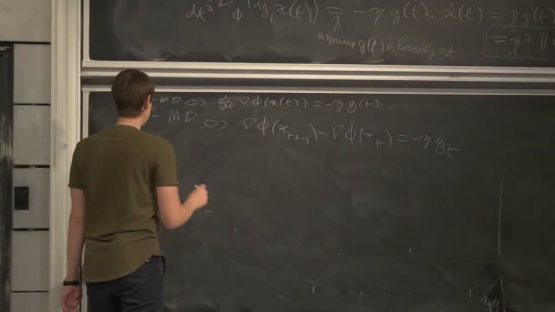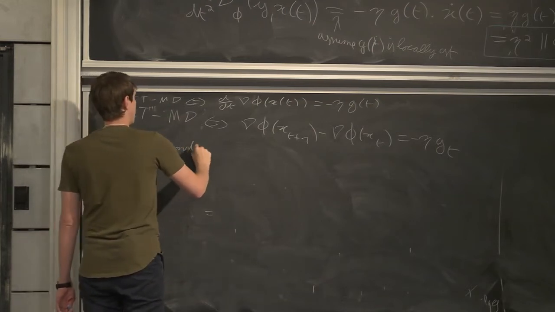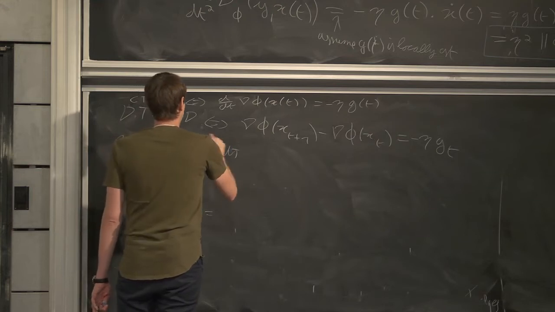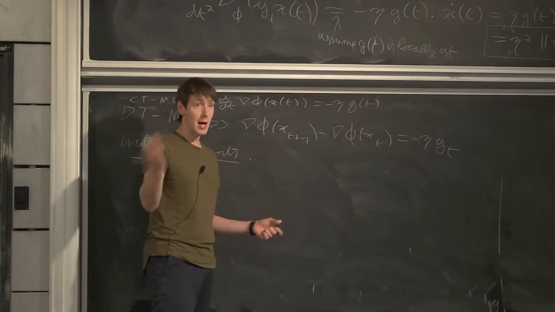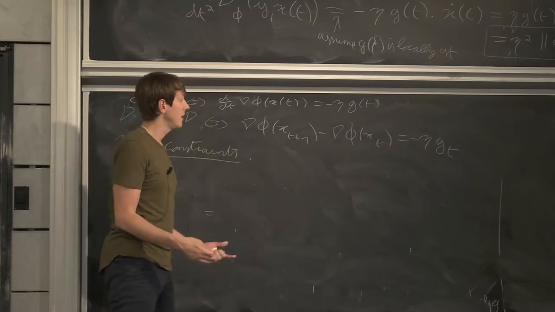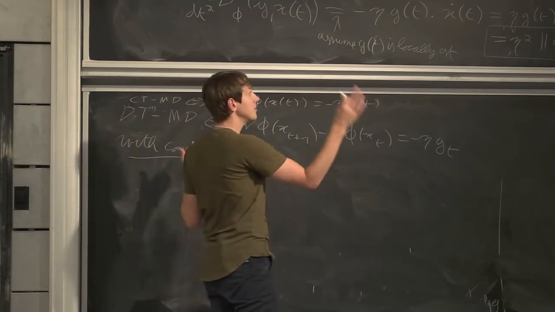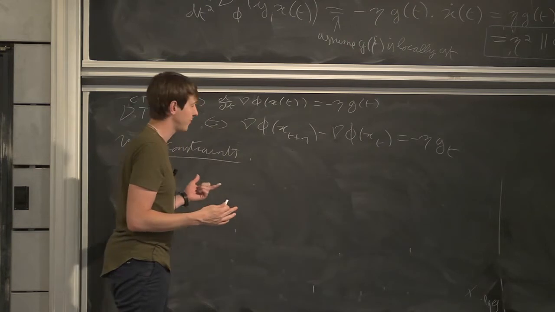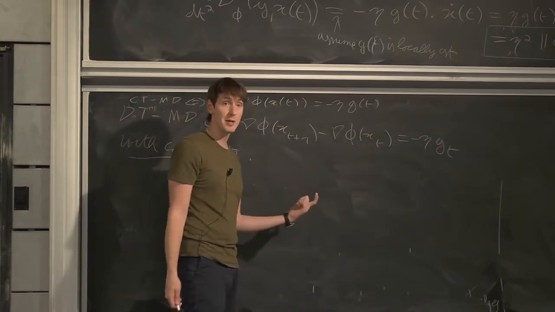But what about constraints? With constraints, what happens is you can do this update, but you might fall outside of the set of constraints. So then you need to project back onto the set of constraints. And of course, you're not going to do a Euclidean projection. The Euclidean norm doesn't have any special meaning in all of what we're doing. So you're going to project according to the Bregman divergence.